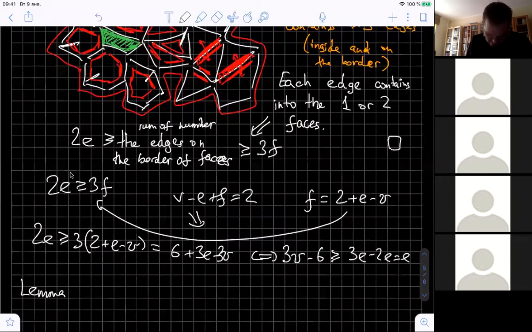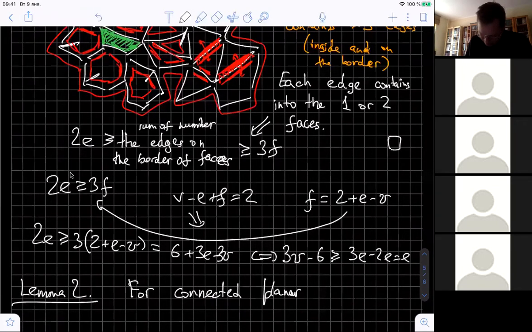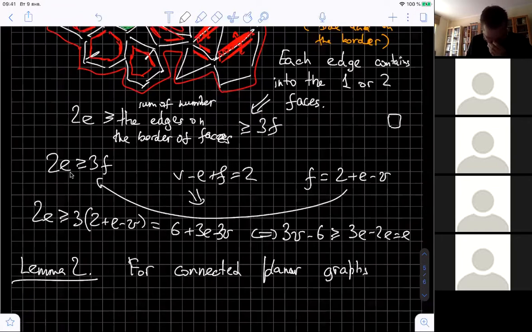So lemma 2 will be just that for connected planar graphs, e is not greater than 3v minus 6. And so here's the proof.